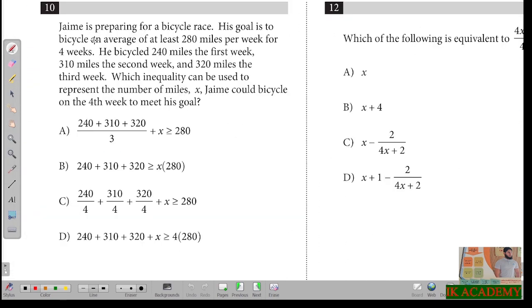James is preparing for a bicycle race. His goal is to bicycle an average of at least 280 miles per week for 4 weeks. So each week he has to travel 280 miles and he has to travel for 4 weeks.